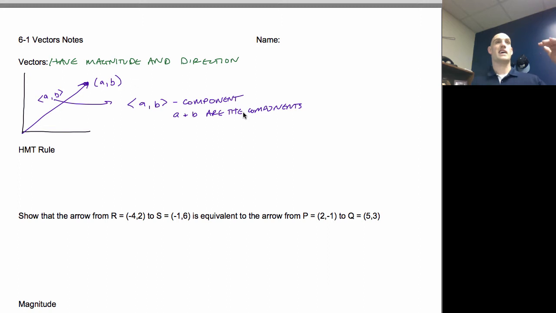Okay, so it tells you it's going a definite amount, for example, a definite amount up, and that's going to be its component form. So A and B are the components.